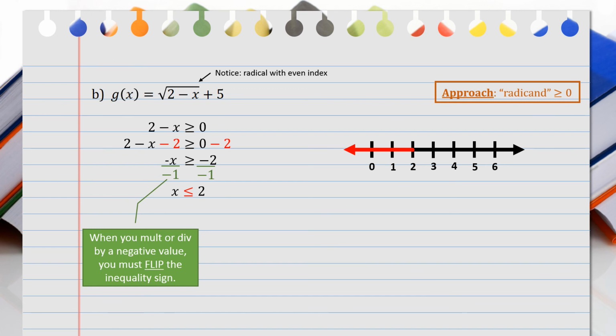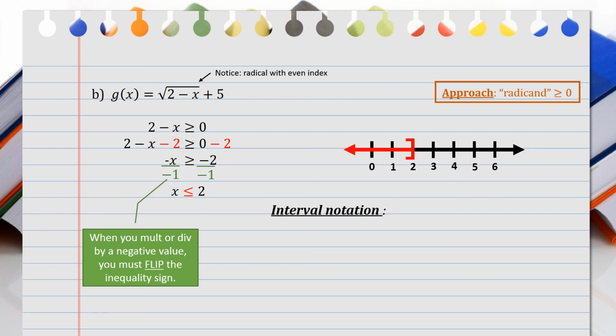Now, it said x is less than or equal to 2. Because it says equal to, that means we will use a bracket and it will face the direction that you are shading. So now that we see the number line, we're ready to write our interval notation. We read the graph from left to right.